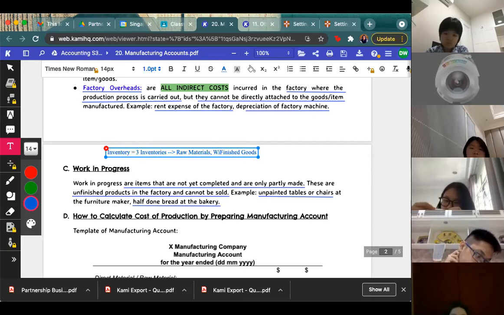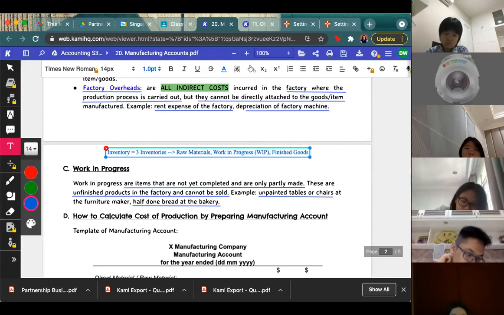We call it as work in progress or WIP. So these 3 inventories will always be there in the manufacturing business. Now you will learn 3 different inventories along with the characteristic of them.